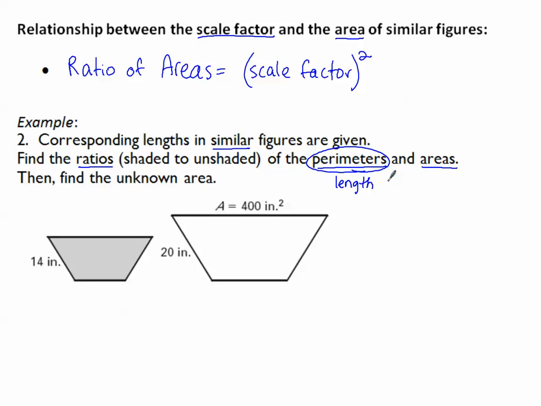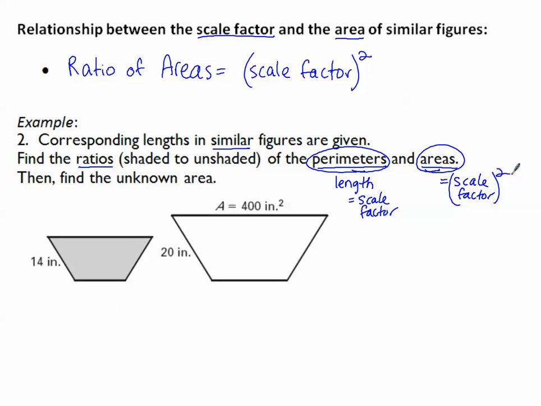If it's length, that's just the same as the scale factor. Area is two-dimension. If it's area, that's the same as the scale factor squared. So let's first find the scale factor.